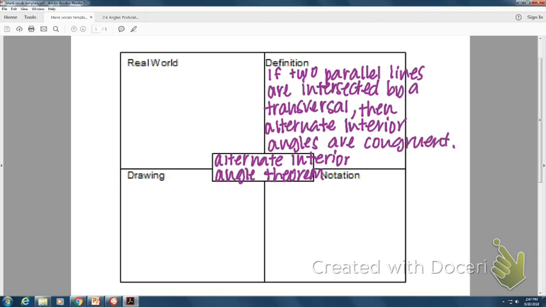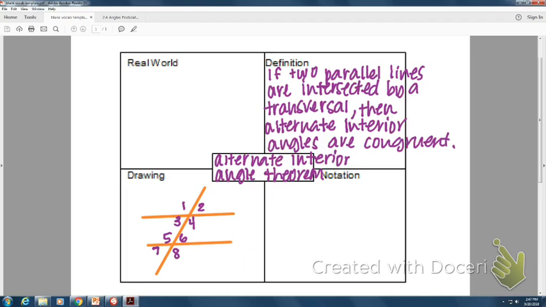Okay, again, draw your parallel lines intersected by your transversal. Number them, same thing as last time. Alternate interior angles are congruent.